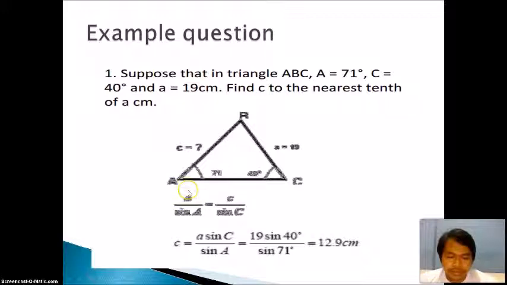Put in a, which is 19 cm, over sine the angle of A, 71 degrees. c is what we need to find, over sine the angle of C. And you rearrange them together. Put c as the subject, and you get 19 sine 40 degrees over sine 71 degrees, and you get 12.9 cm. Well, that's it from me.